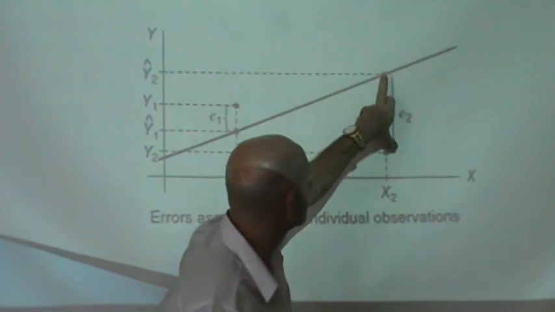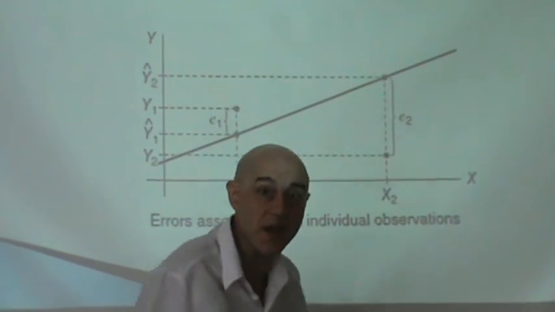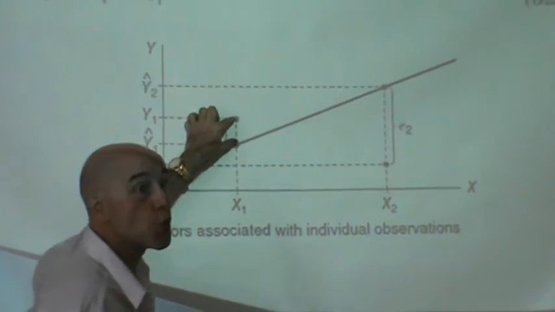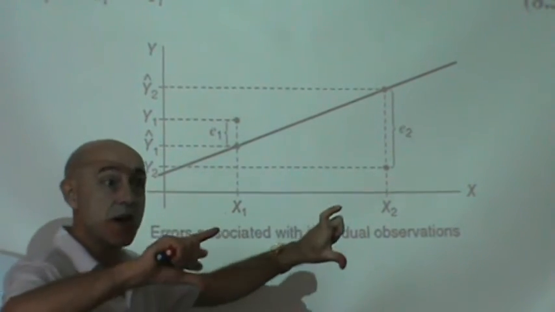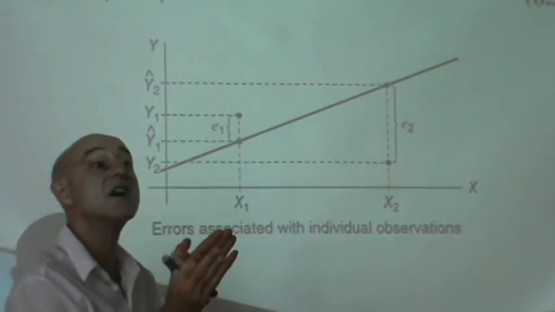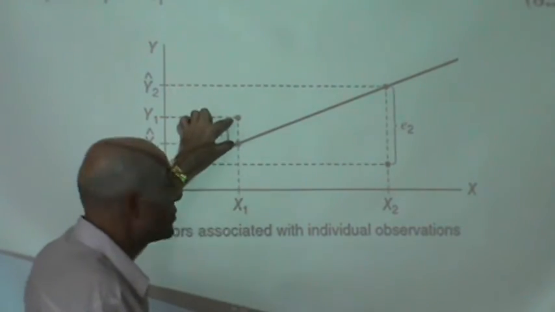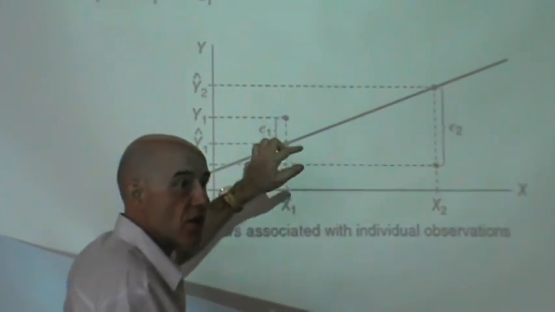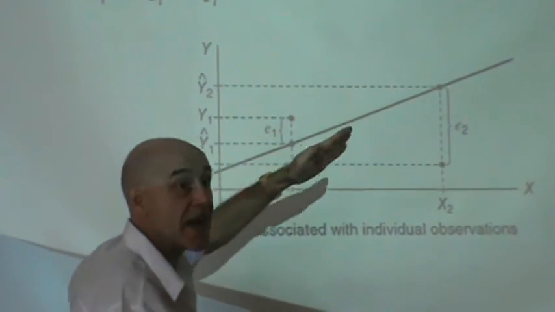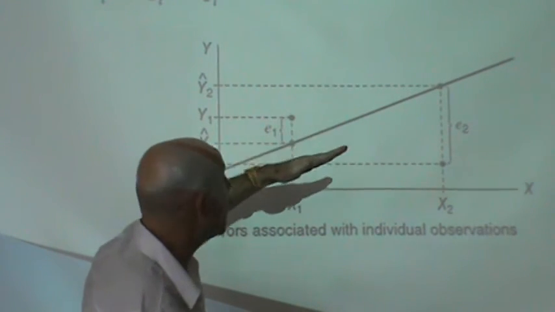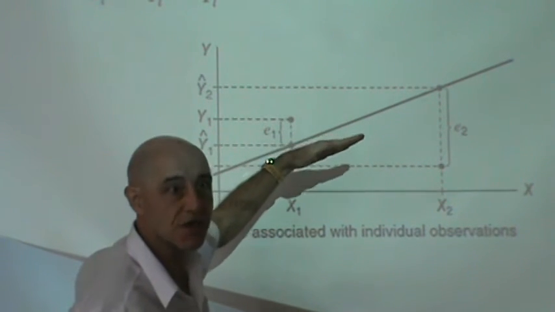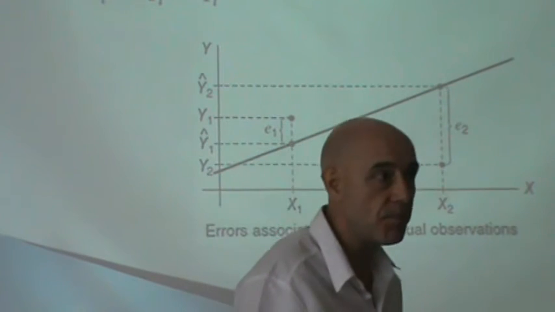And this is another deviation, also called an error. So you take the squares and you sum them, and you want the minimum of those squared errors. Minimum will mean that the line will fit as closely to the data as possible.